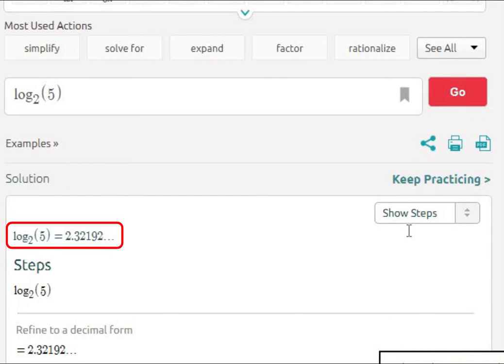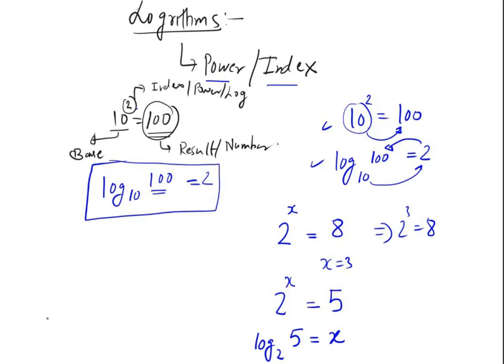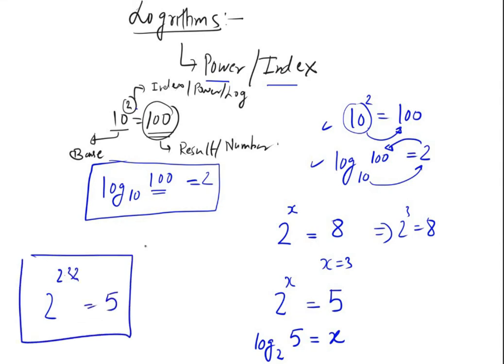Log of 5 to the base of 2 is 2.32. What it actually tells me is that 2 raised to the power of 2.32 is 5. We haven't heard about decimal powers before. Log introduces them to us.